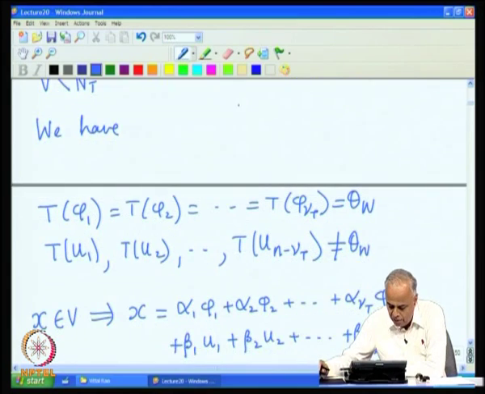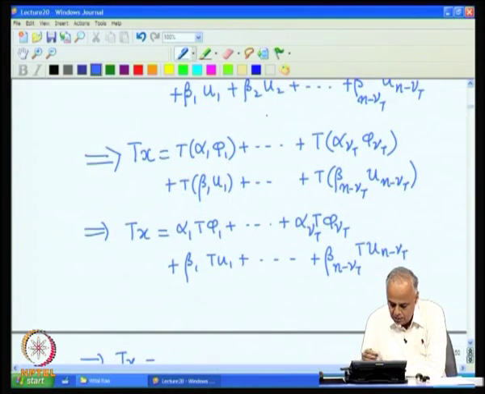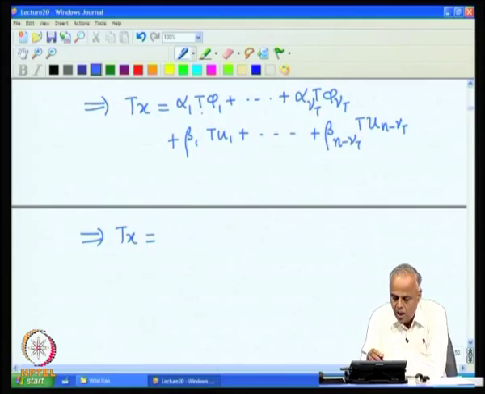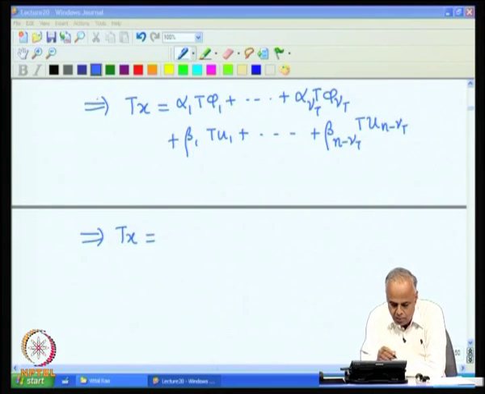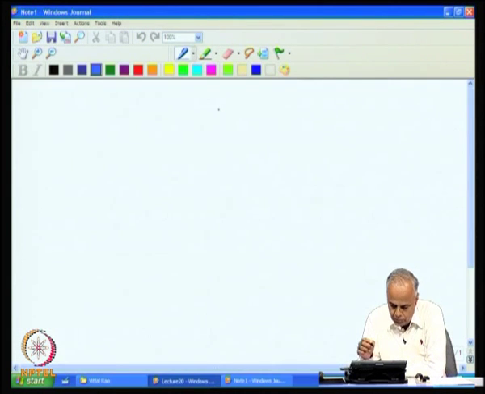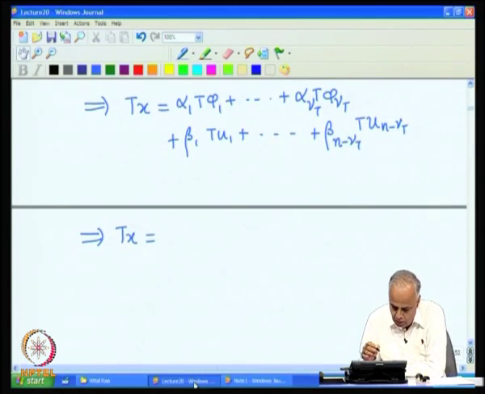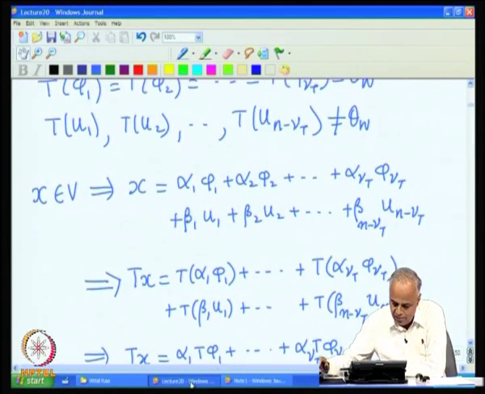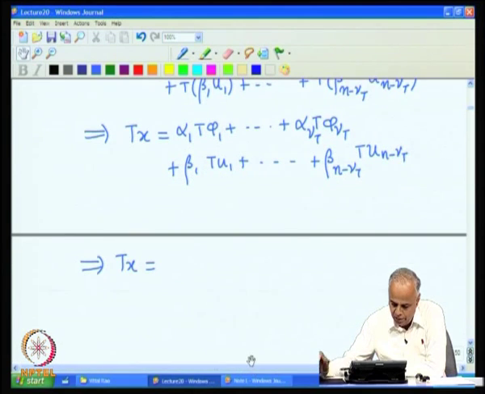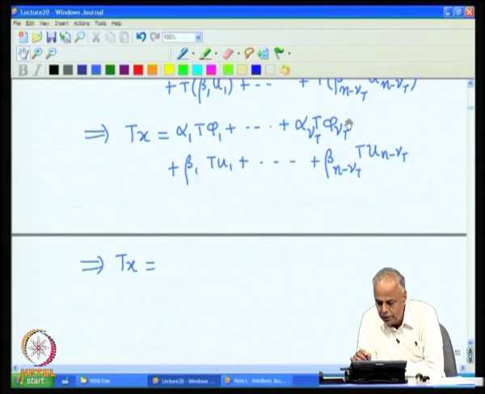So, using that fact, alpha 1 T phi 1 must be 0, alpha 2 T phi 2 must be 0, alpha nu t T phi nu t must be 0. So, all these are 0 vectors, they are not going to contribute anything.